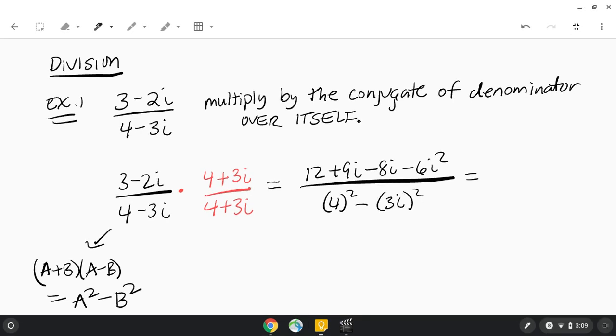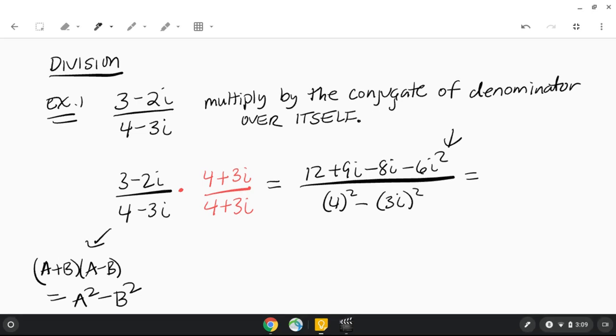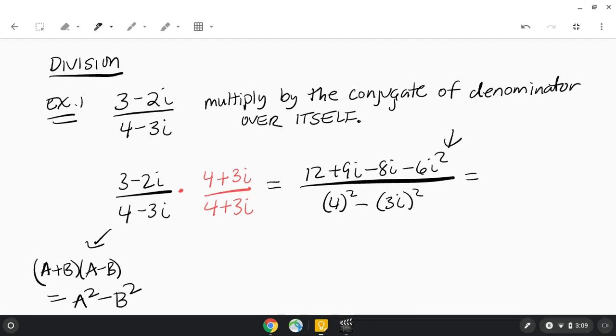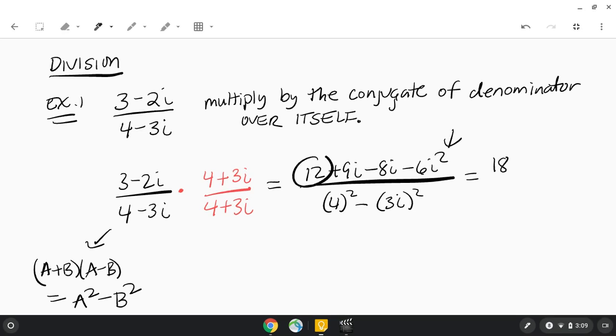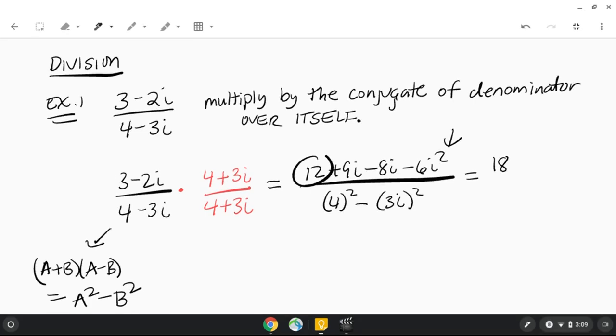So in the numerator, i squared is negative 1, so that's going to turn into a positive 6. And I'm going to combine that with this 12. So I'm going to get 18. Okay. And then positive 9i and negative 8i is 1i.